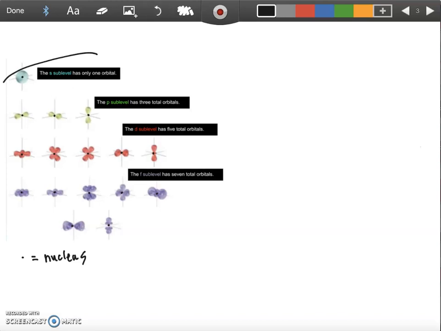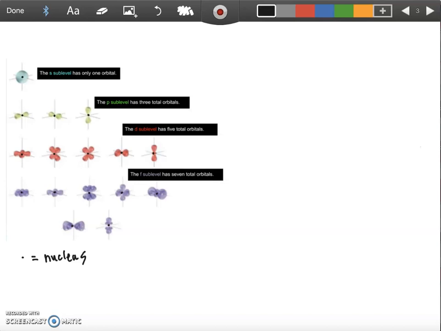The S sublevel has only one type of orbital in it, and that's called the S orbital. And the S orbital has a spherical shape, just like this one. It's not important that you know the shapes, you just need to know how many electrons are in each sublevel.